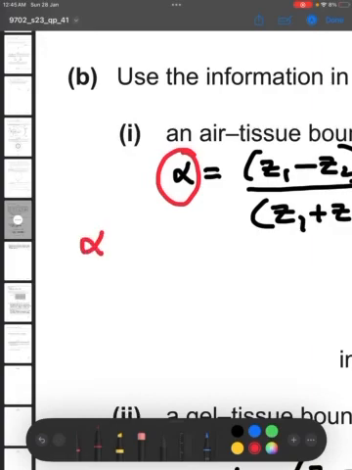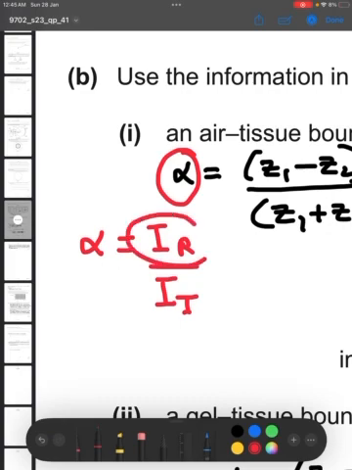In other words, alpha can be said to be IR over IT: the intensity of the wave reflected, IR, over the intensity of the wave transmitted, IT.